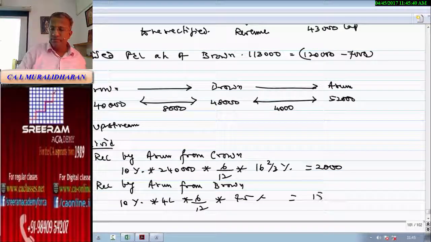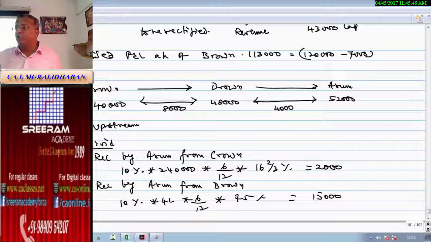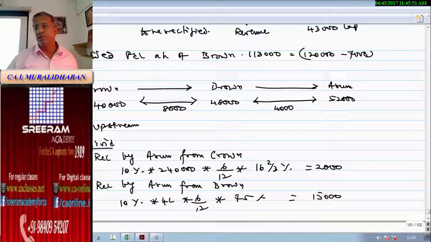How much? 15,000. Brown's receipt from Crown we have already taken up for rectification. We have already reduced it from P&L account, but we have got to reduce it from investments account. That is the only item that we have got to do.